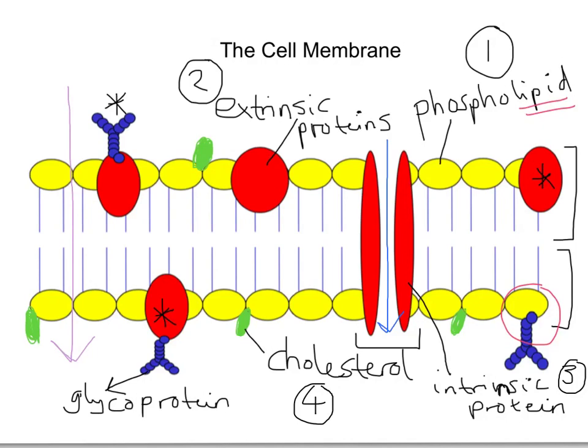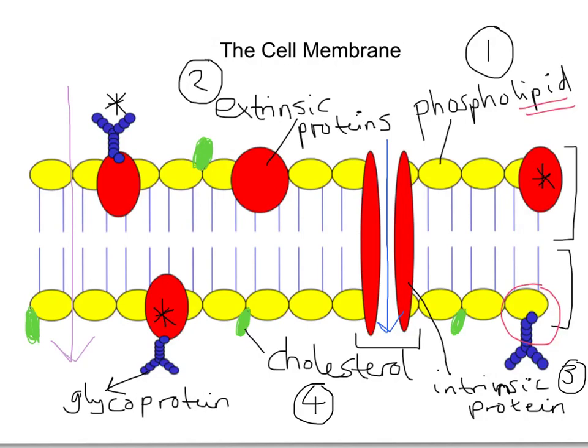So let's finish just by thinking about the term fluid mosaic model. Because when we describe the membrane as being such, we need to think about where each of those words comes from. So fluid comes from the fluidity that phospholipids have. They can move past and slide past one another.